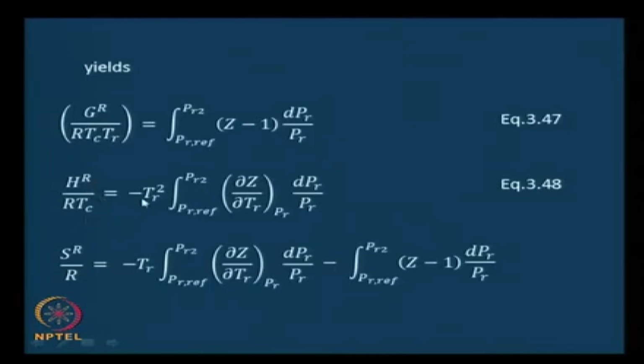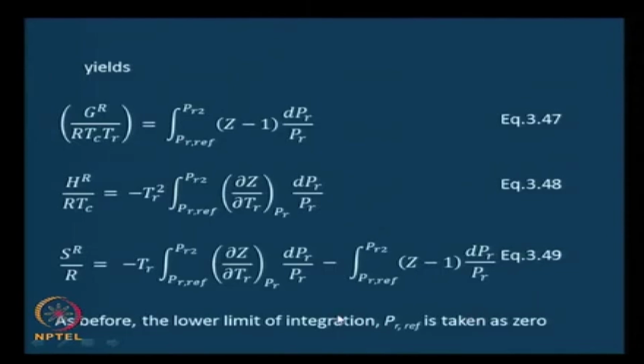HR by RTc was minus Tr squared integral of Pr reference to Pr2 of dou Z by dou Tr at constant Pr dPr by Pr, and SR by R was minus Tr integral of Pr reference to Pr2 of dou Z by dou Tr at constant Pr dPr by Pr minus integral of Pr reference to Pr2 (Z minus 1) dPr by Pr.